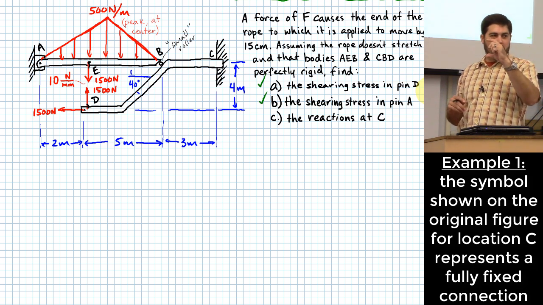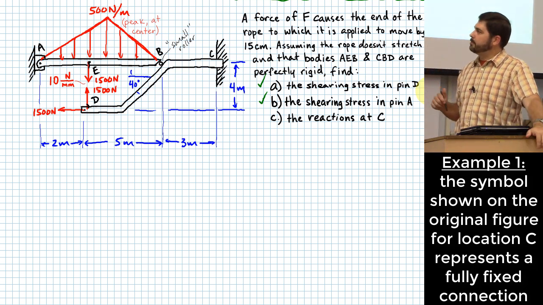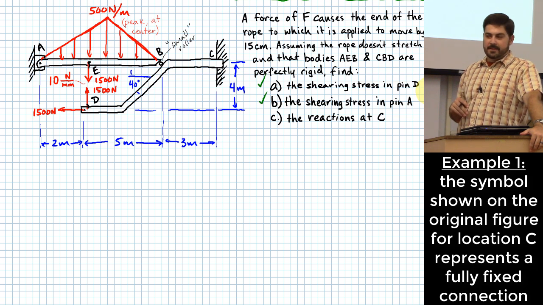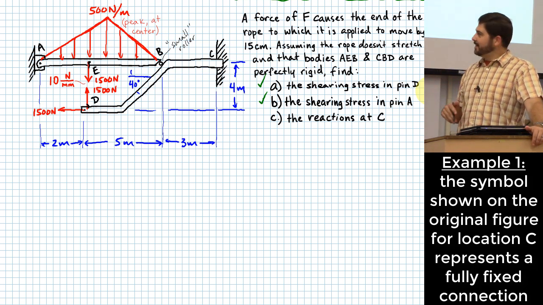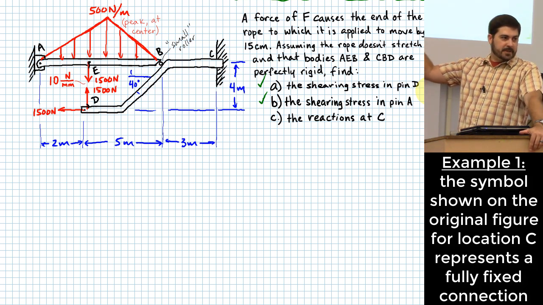It's going straight in the wall. What sorts of reactions can the wall put on body CBD right there where it goes into the wall? All of them. So I like that answer, right? It's not allowed to move any direction. They call that a fully fixed connection point.